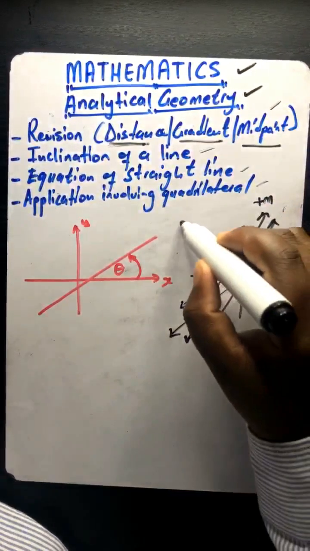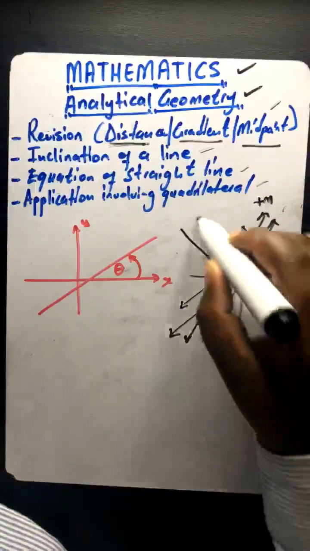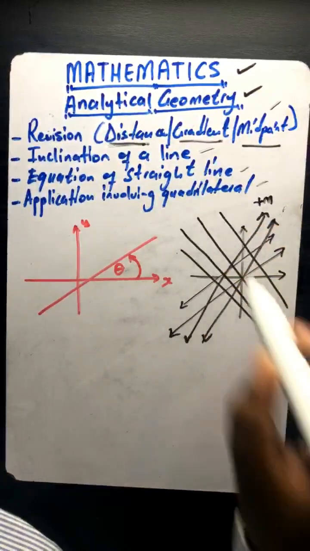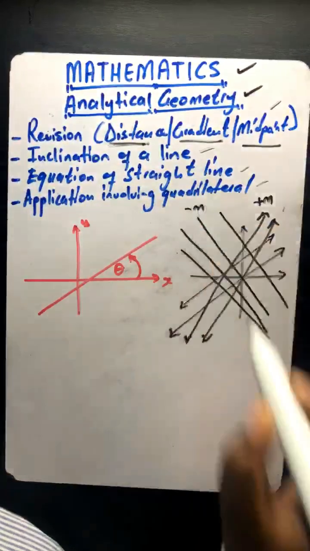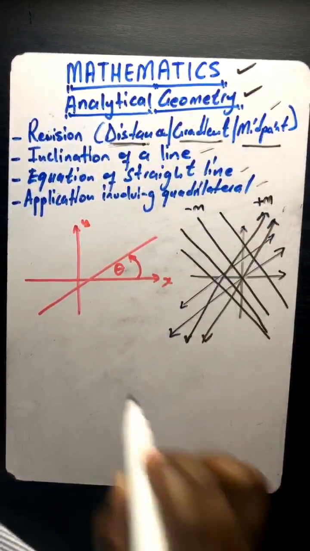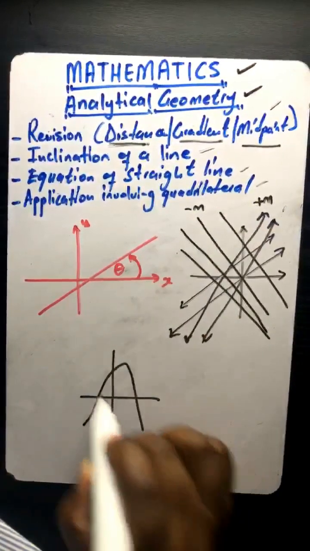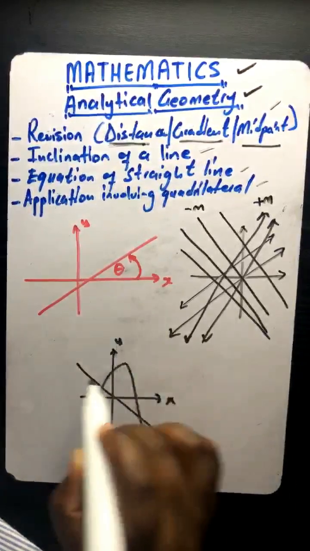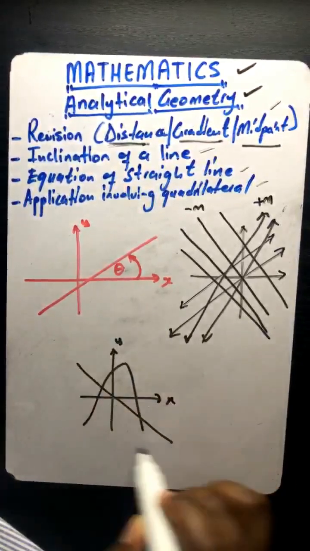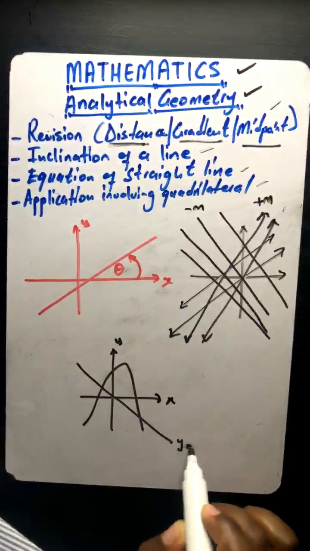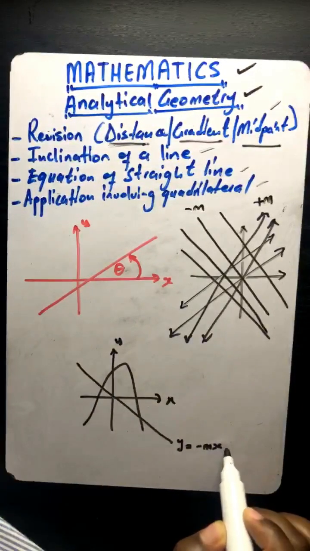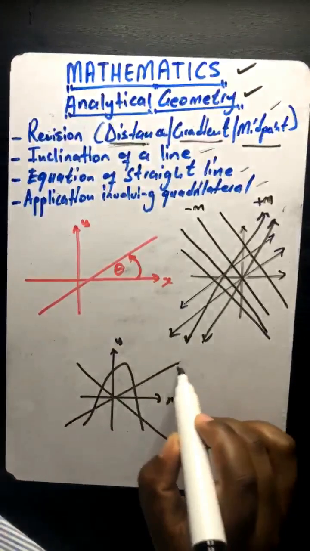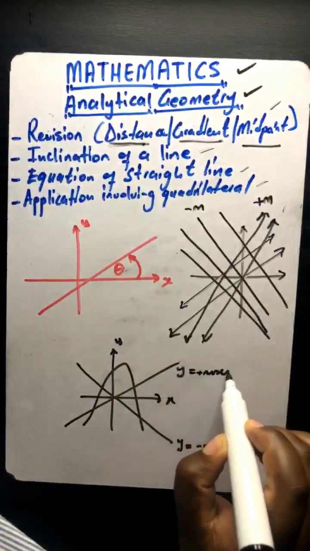And straight lines ending in the second and fourth quadrant will always have a negative gradient, whether you are given a parabola and a straight line or not. This type of line will always have a positive gradient.